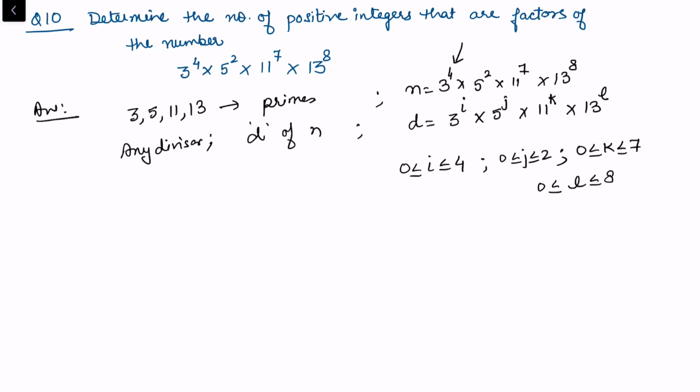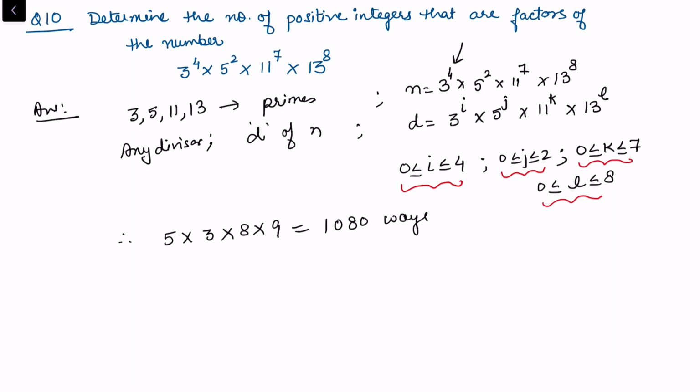So now we count how many choices are there for i, for j, for k and for l. So multiplying these options, we'll have 5 into 3 into 8 into 12, and that becomes the total number of ways, which gives us the number of positive integers that are factors of, or that divide, this number.